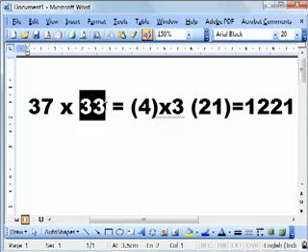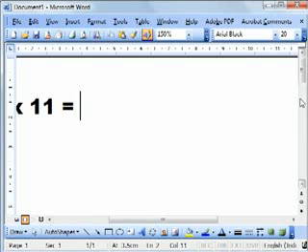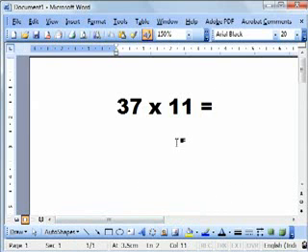Again, let's try this. 34 multiplied by 11. Please note that this rule is applicable only for two-digit numbers.